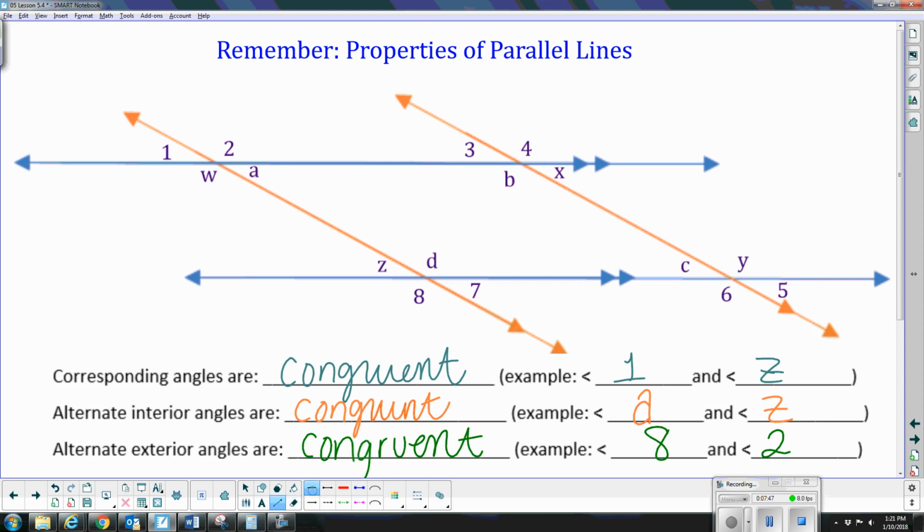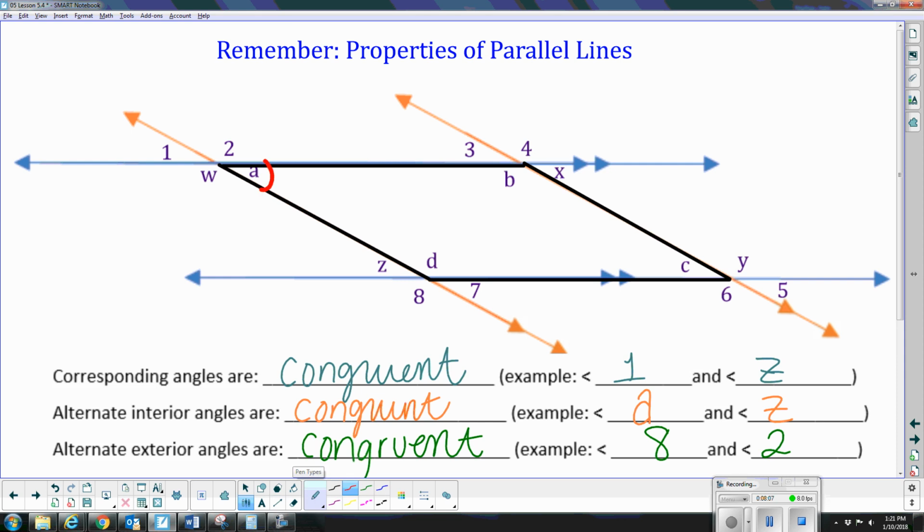So here's our parallelogram, and we'll just call it ABCD. Here's our parallelogram. Our opposite sides of our parallelogram, which in this case is A and C, those are congruent.